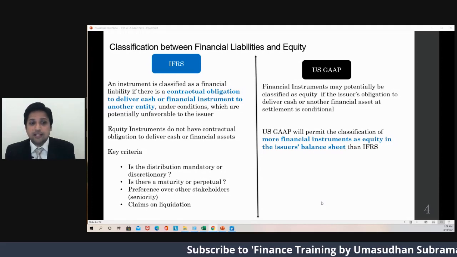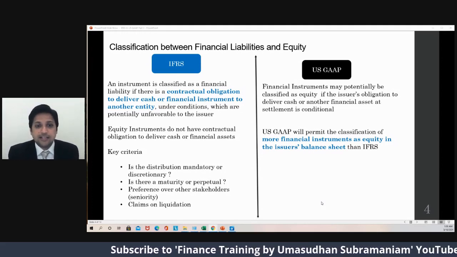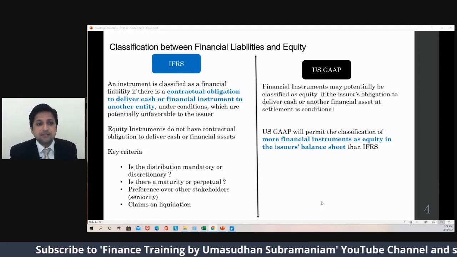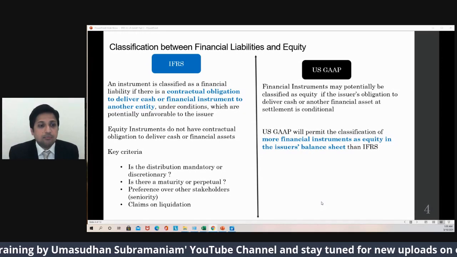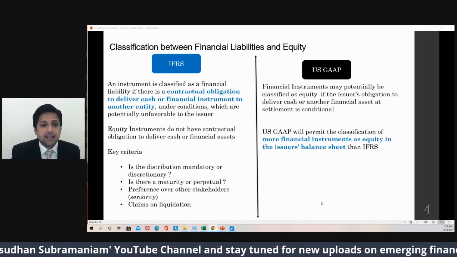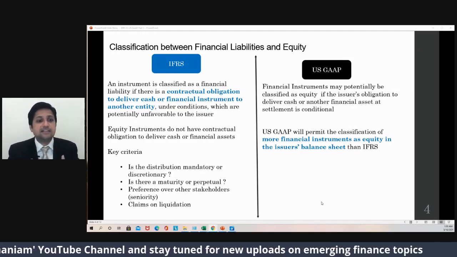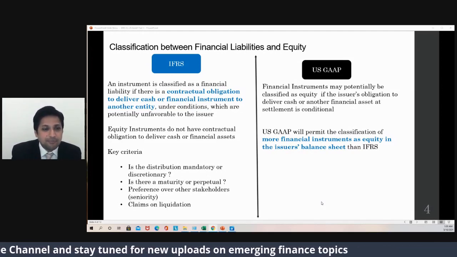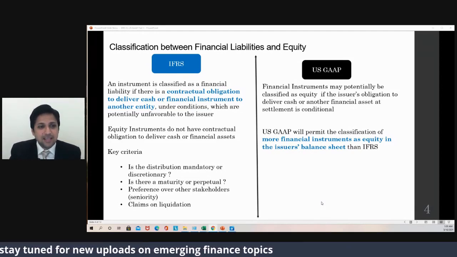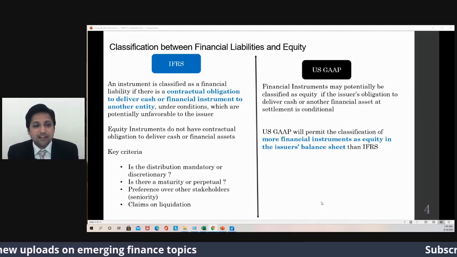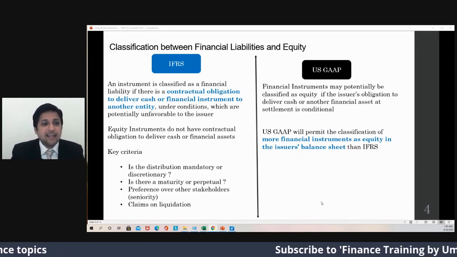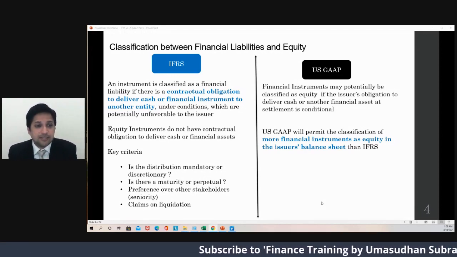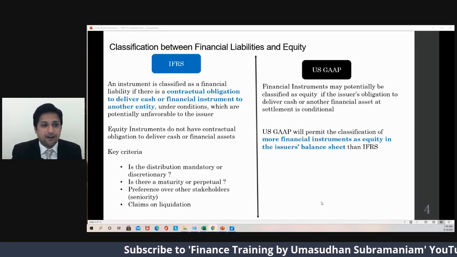If you look at US GAAP, financial instruments may potentially be classified as equity if the issuer's obligation to deliver cash at settlement is conditional, which would mean we are going to see many more financial instruments classified as equity instruments in US GAAP compared to IFRS.